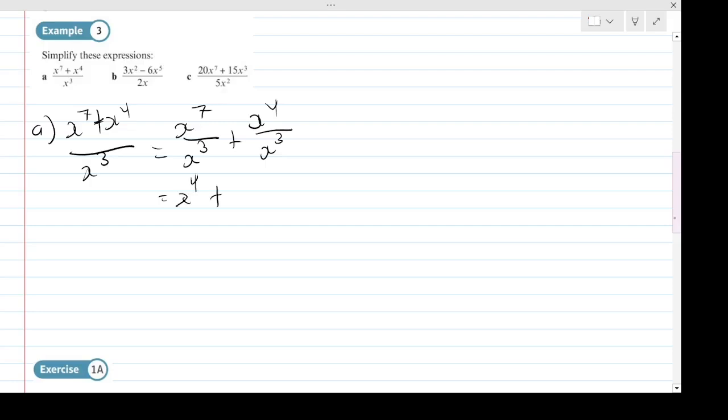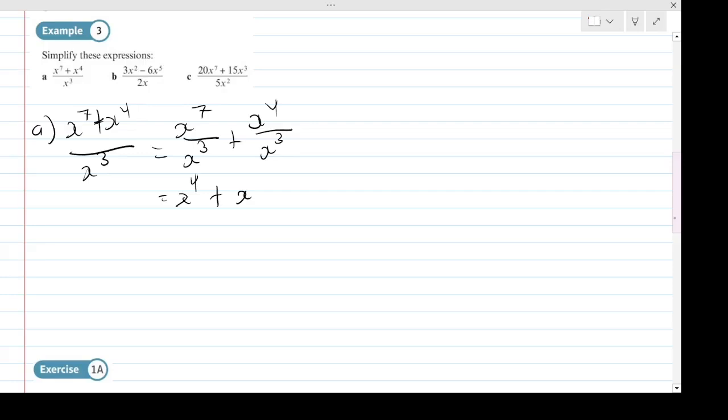And then likewise here, the second one, x to the 4 divided by x to the 3, 4 minus 3, which should be x to the 1. But obviously x to the 1, we can just omit it, right? Like I talked about earlier, when we have just a 1, we can omit it.